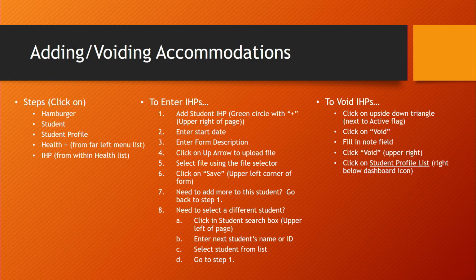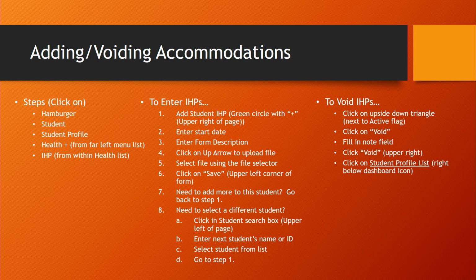If you'll remember, when I voided the IHP, all I do is go to that IHP list. Once I'm there, I click on that upside down triangle right next to the active flag on that IHP entry. When I click on that triangle, I click on Void. Then a form will appear. I filled in the note field, then clicked on Void again on the upper right-hand portion of that form.